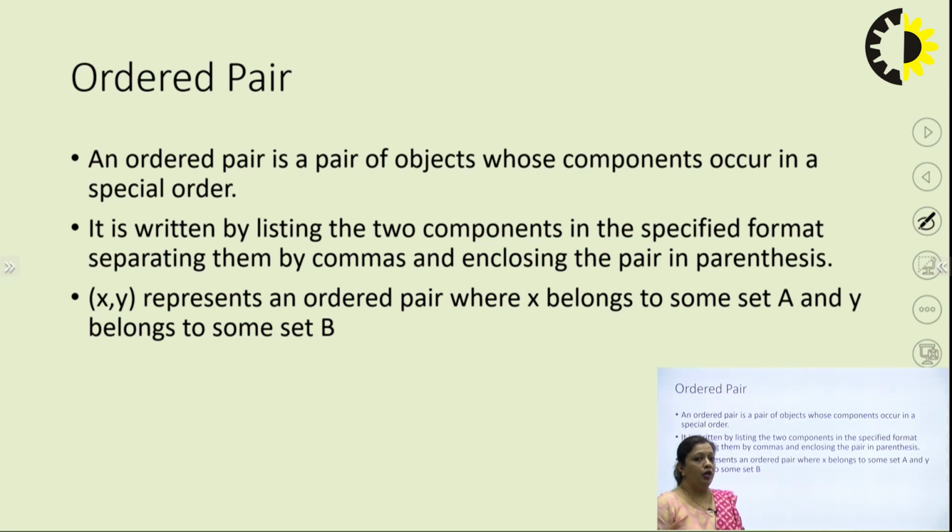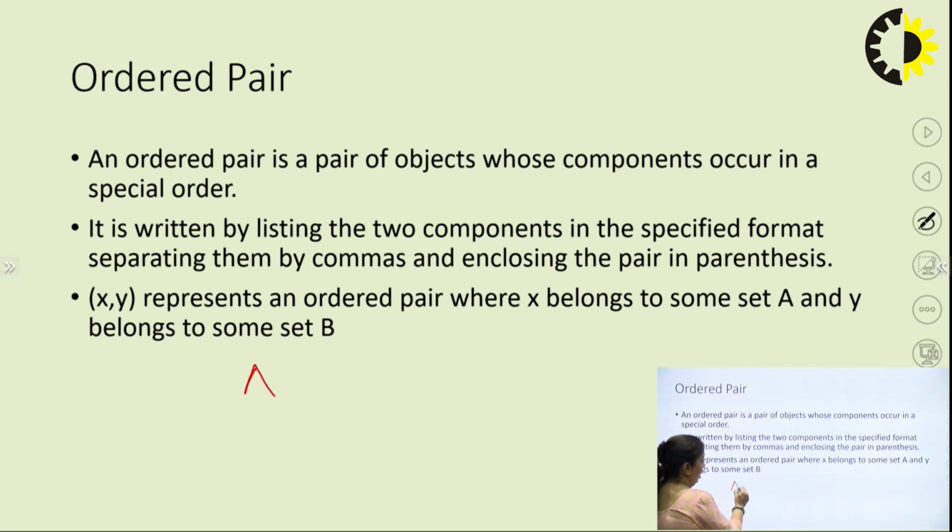If I am talking about two sets A and B and an ordered pair (a, b), that strictly means that the component small a should belong to the set A and the component small b should belong to the set capital B. And when we write these components in this order, with a comma separating both components, enclosed within parentheses. So let's take an example.